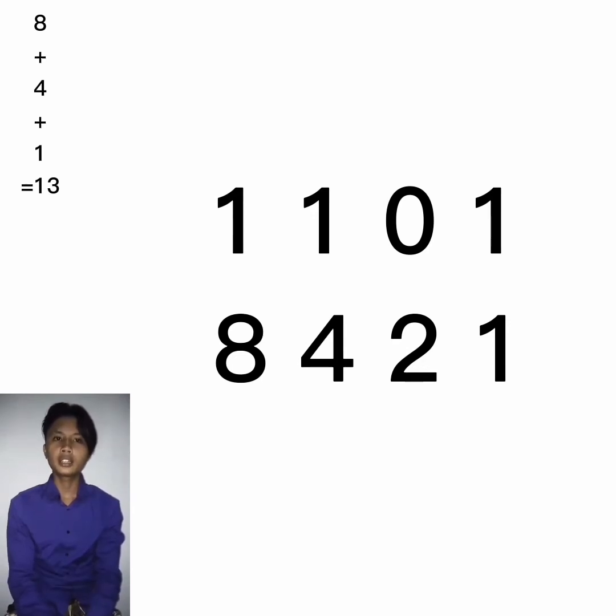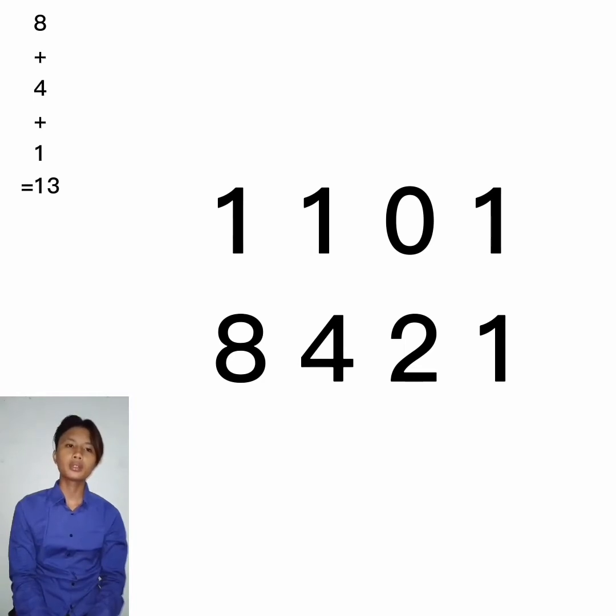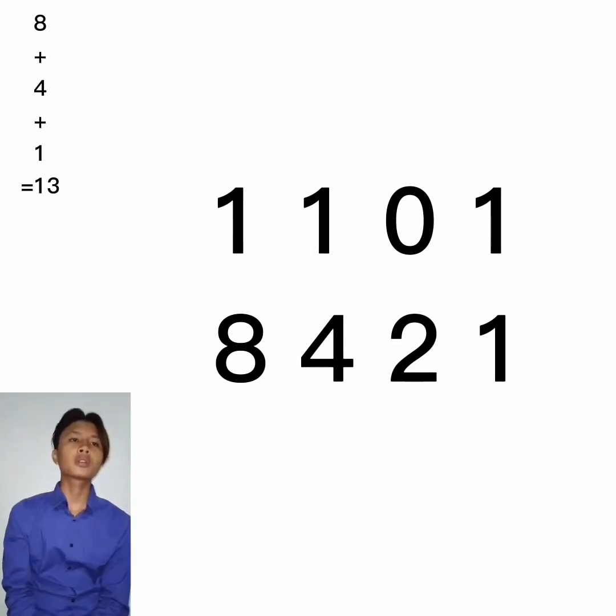So all these numbers say whether it's there. A 1 over the 8, so we're going to use 8. Then a 1 over the 4, we're going to use 4, so plus 4. Then a 0 over the 2, so we're not going to add that.